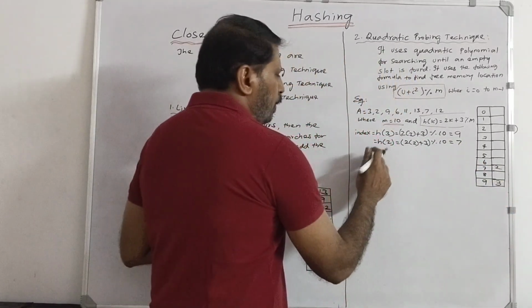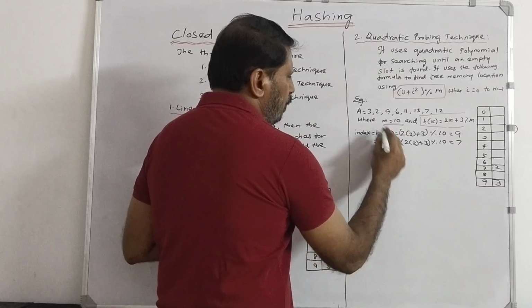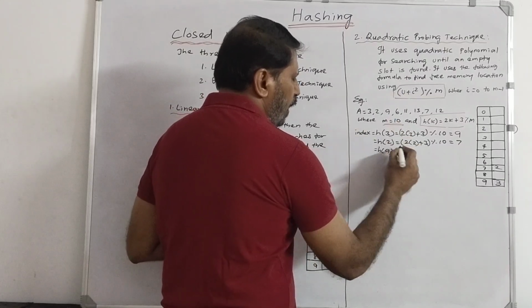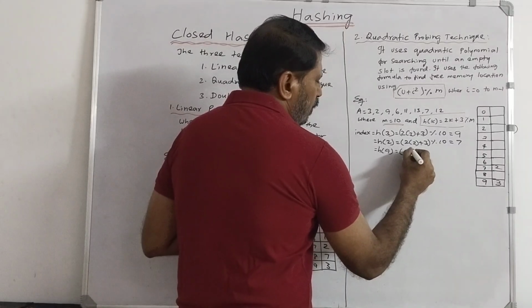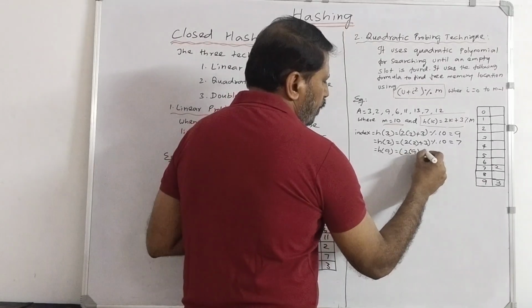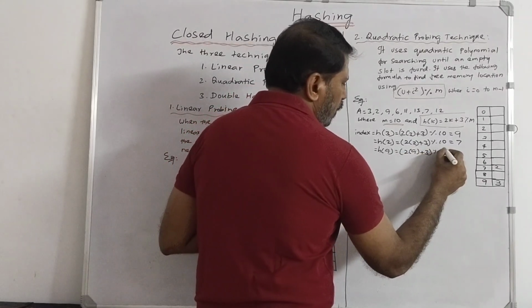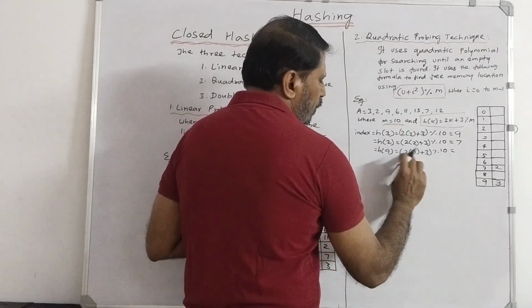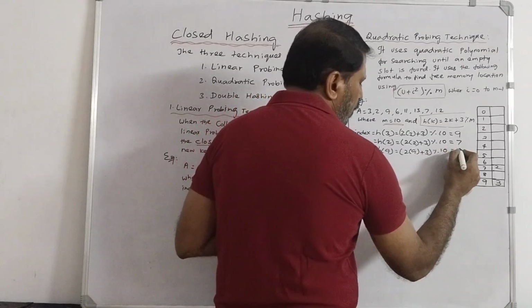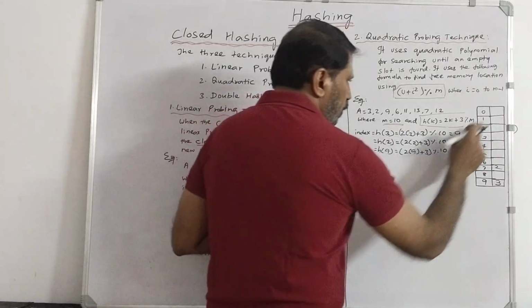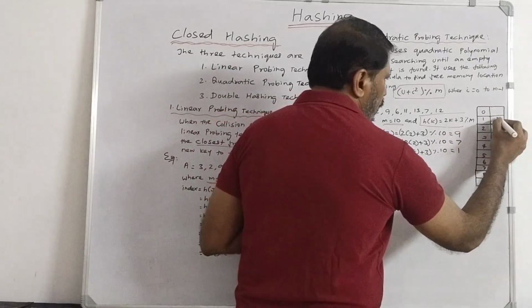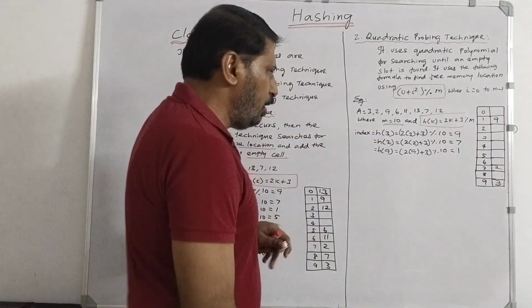Then h of 9, the next number. 2 into 9 plus 3 modulo 10. 2 into 9 is 18, 18 plus 3 is 21, so it is 1. So we go to index number 1 and store the value 9 there.